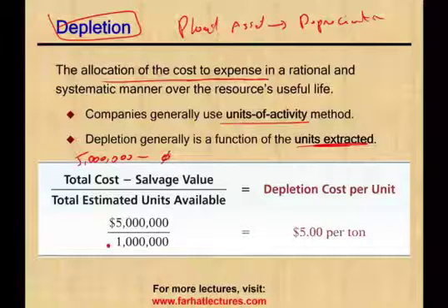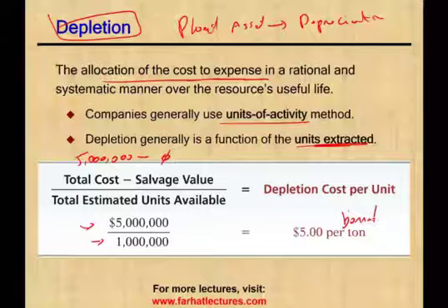Let's assume you can extract 1 million barrels. If you take the cost of 5 million divided by 1 million barrels, and how do you know it's 1 million barrels? You just estimate it. So how do you deplete? You deplete your cost at $5 per oil barrel.